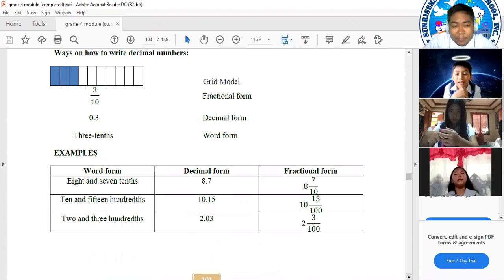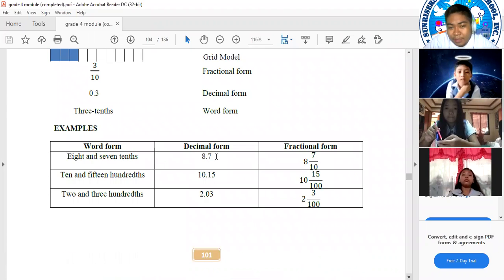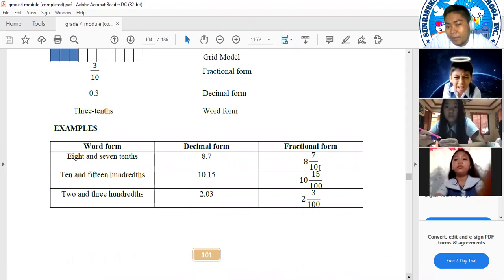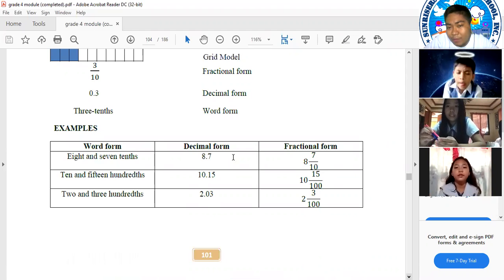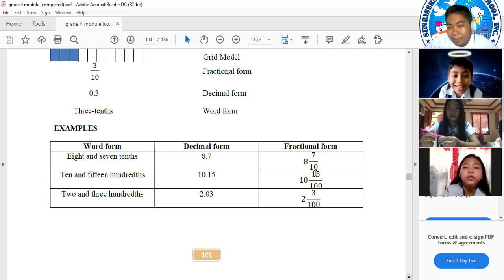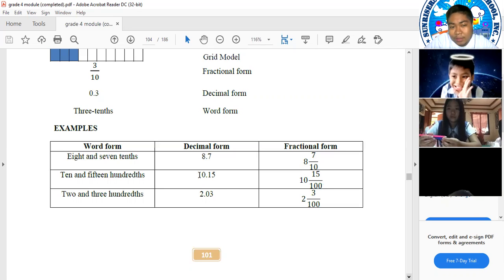Okay. So in word form, we have 8 and 7 tenths. In fractional form, 8 and 7 over 10. The whole number stays the whole number in the fractional form, and the decimal part would be the fractional part. 7 would be 7 tenths. 15 would be 15 over 100. 2.03 would be hundredths, so that would be 100.